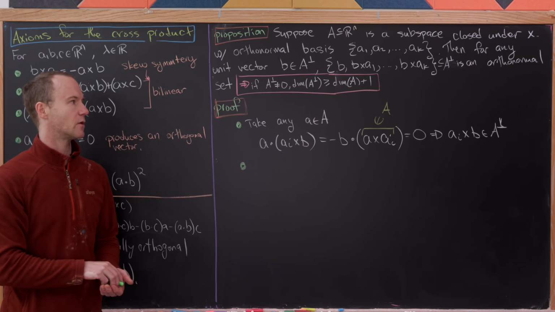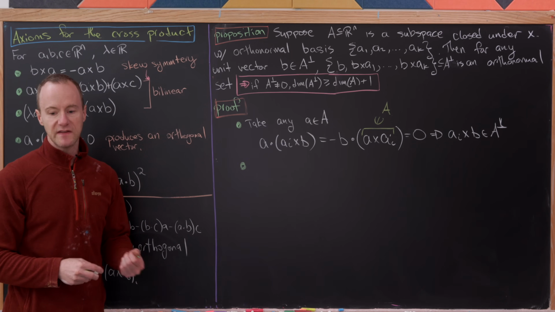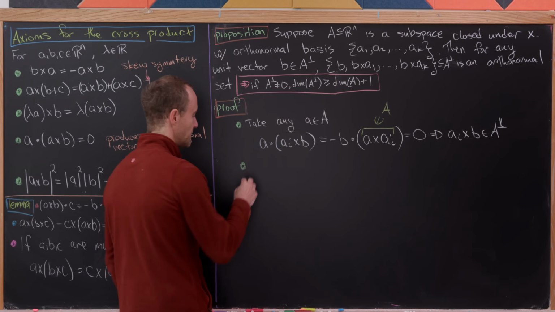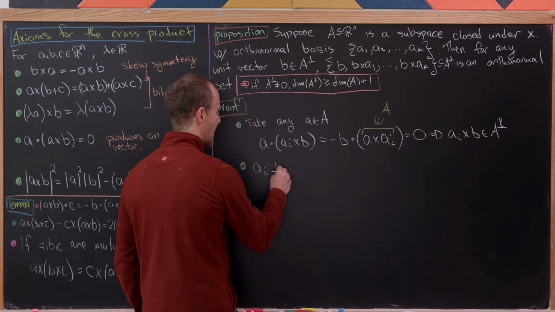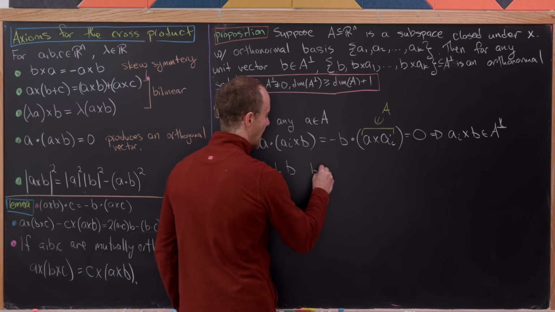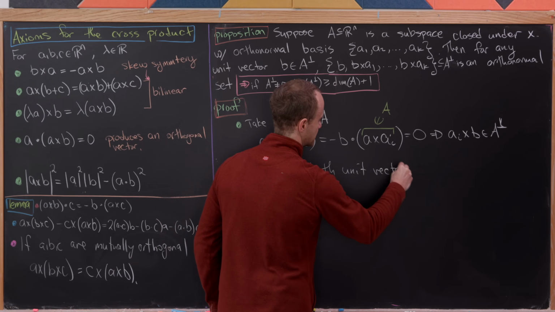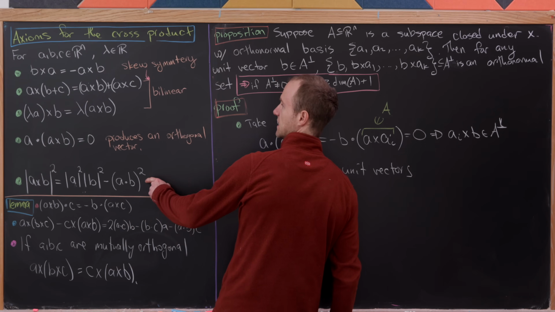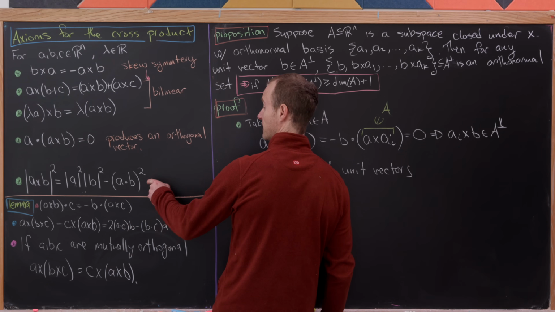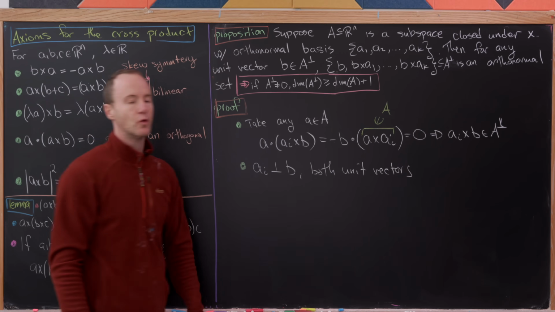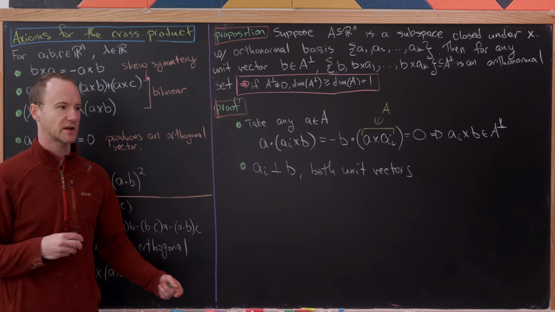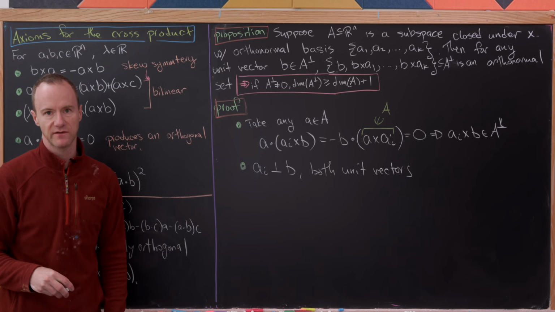Now we want it to be an orthonormal set. So we need them to be unit vectors. But now let's observe that a_i is orthogonal to b, and they're both unit vectors. But then let's recall that this, let's see, 1, 2, 3, 4, fifth axiom down here was equivalent to the cross product of orthogonal unit vectors being a unit vector.